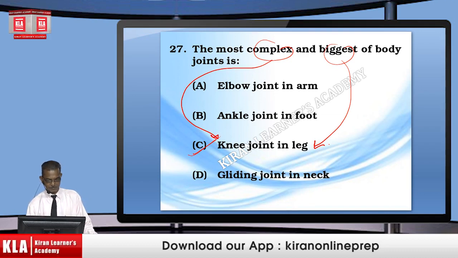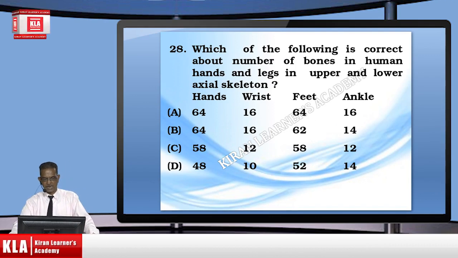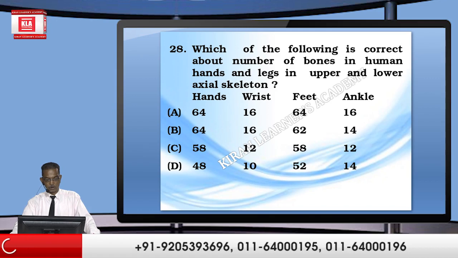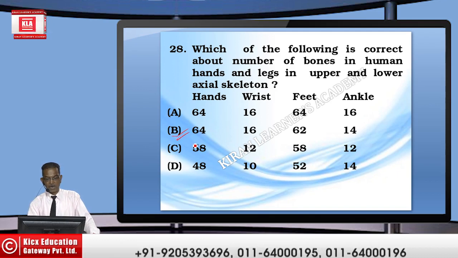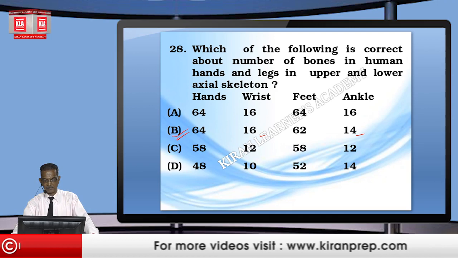Next, which of the following is correct about the number of the bones in the human hands and legs in the upper and lower axial skeleton? Now, the total number is what? 64. 16 are in the ribs, 14 are in the ankle.